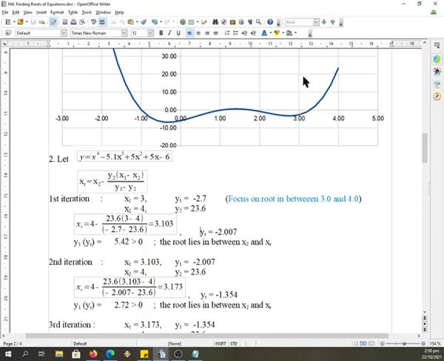Meaning, if this is 3.1, the root is still farther to the right of xr. Remember that xr is in between 3 and 4, and that is 3.1. However, our true root is somewhat greater than 3.1. Therefore, it is in between xr and x2, x2 being 4. It is in between 3.103 and 4.